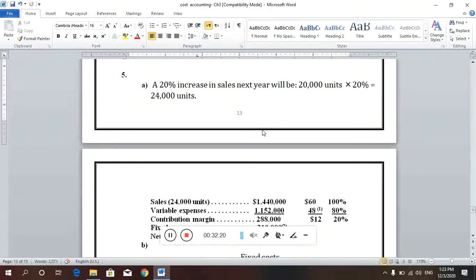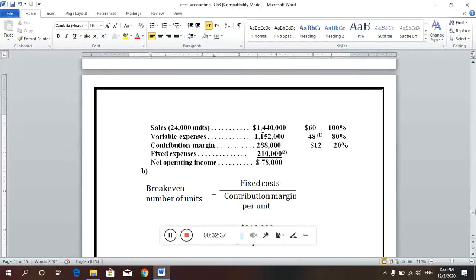In number 5A, an increase in sales by 20% will result in an increase of units sold to 24,000 units. So the new income statement will be as follows. Sales: the new units, 24,000 units, multiplied by the selling price of $60, result in sales revenue of $1,440,000.